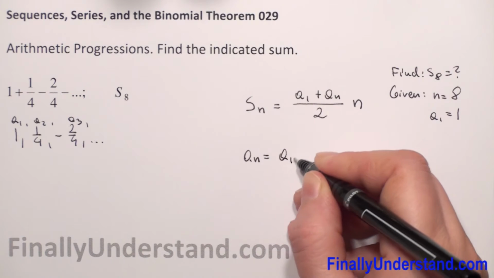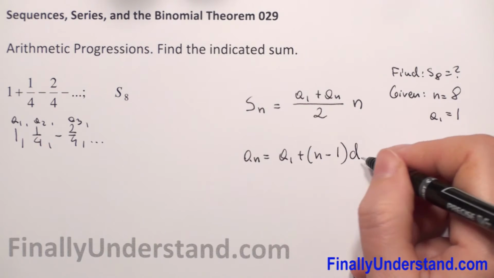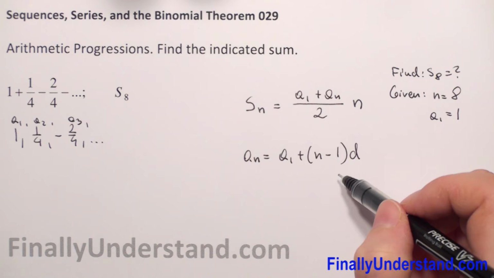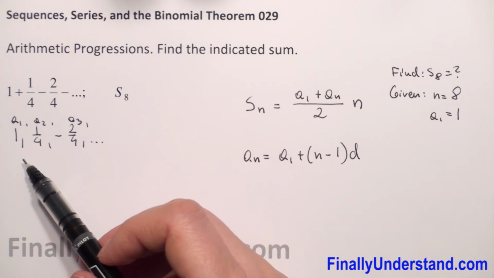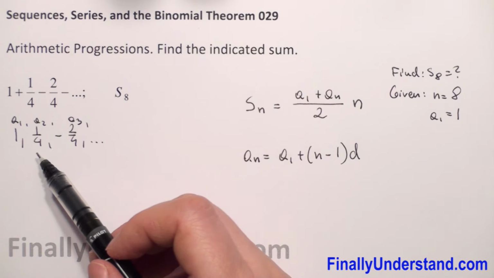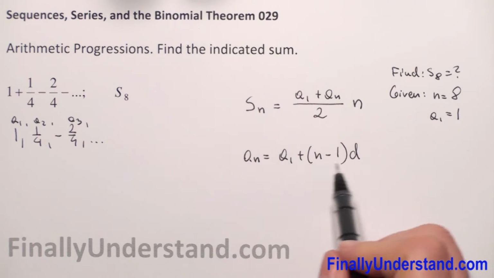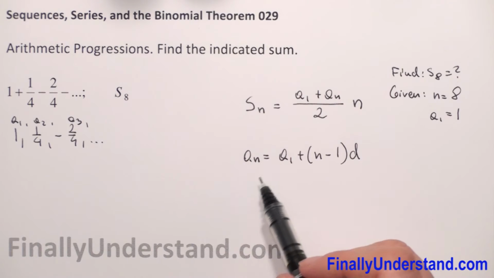This is a1 plus n minus 1 times d. d is a constant number, and because this is an arithmetic progression, every term after the first is formed by adding the constant d. So we need d to find the nth term.